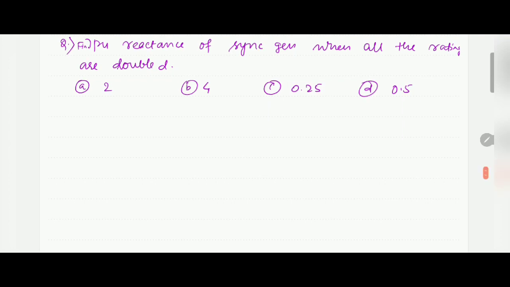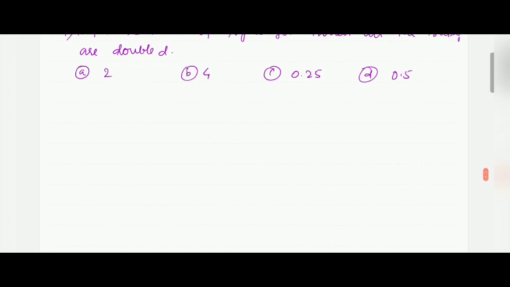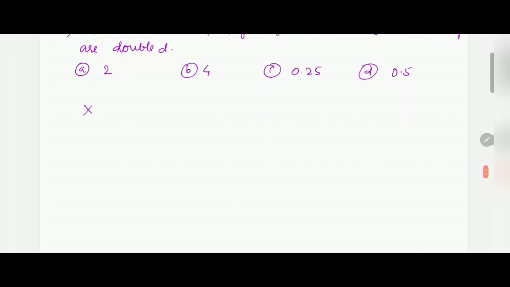This question has already been asked in ESE. So now recall the formula for Z per unit in any new system. Here we have been asked to find the value of the per unit reactance in a new system where all the values have been doubled.